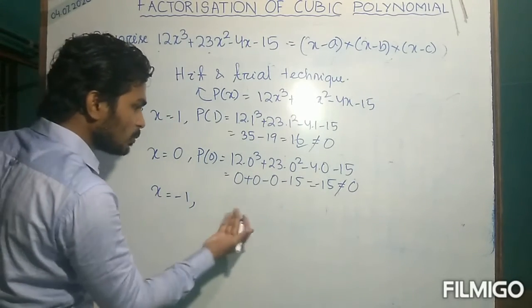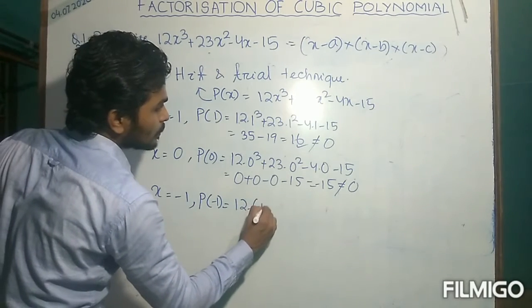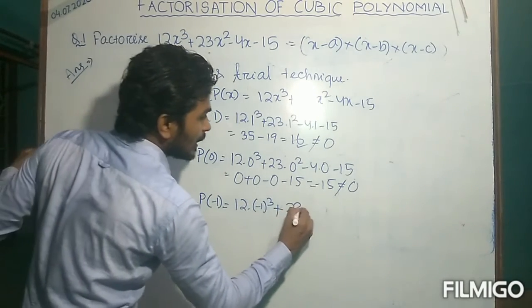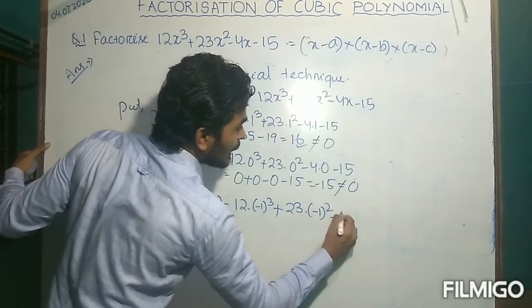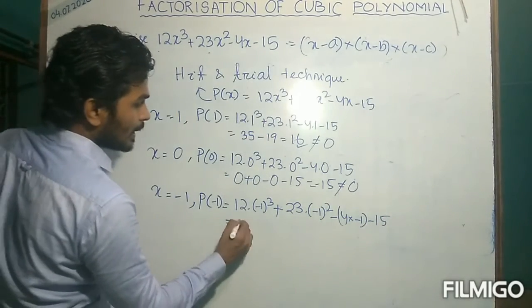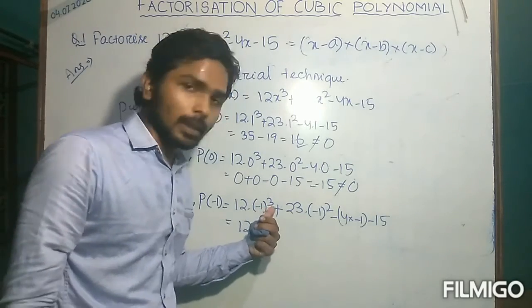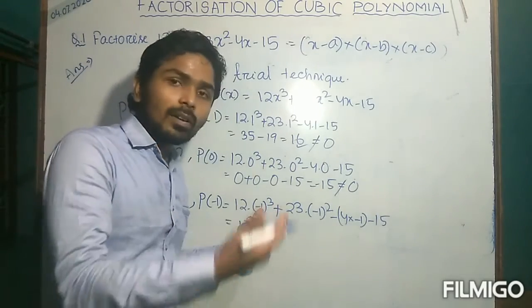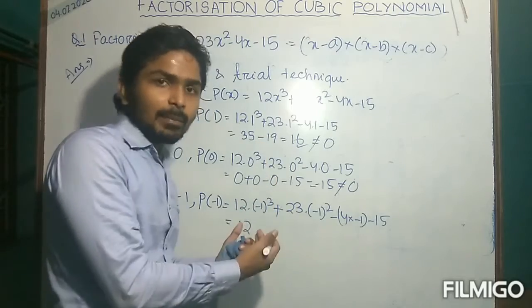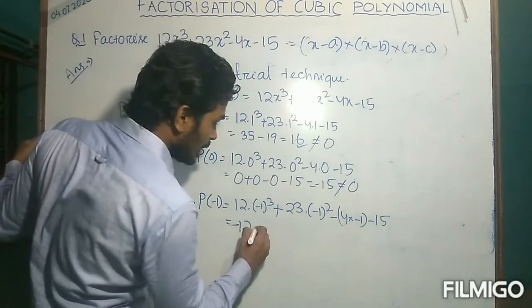So now we have to try with x is equal to minus 1. You can take any negative value also. So p of minus 1 is equal to 12 into minus 1 cube plus 23 into minus 1 square minus 4 into minus 1 minus 15. Minus 1 cube, since it is an odd power, gives rise to a negative number, so minus 12.